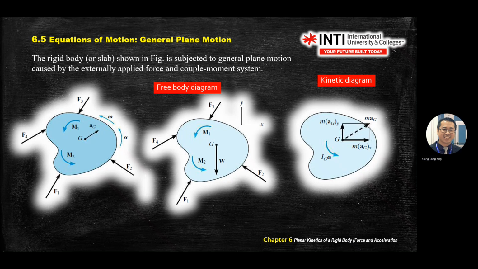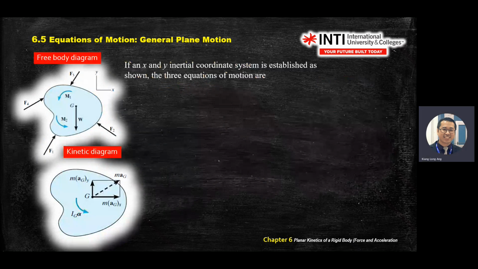So that is a trick. Then I_G alpha for a rigid body: they always have one more component for moment because of inertia. You don't see this in particles. You only see this in a rigid body. So the rest is almost the same.